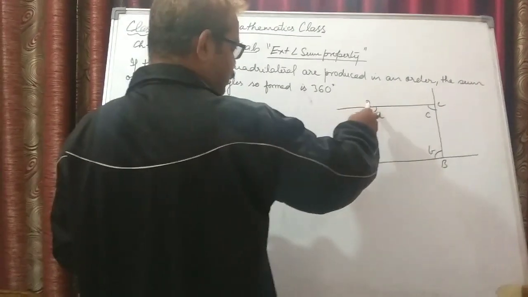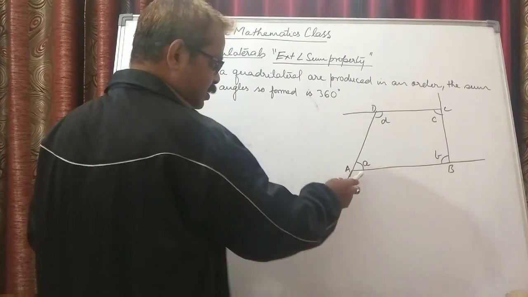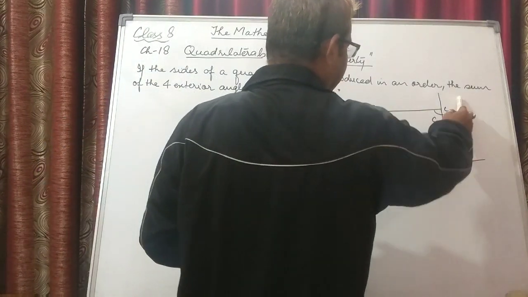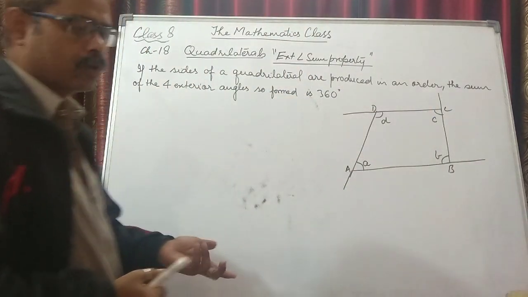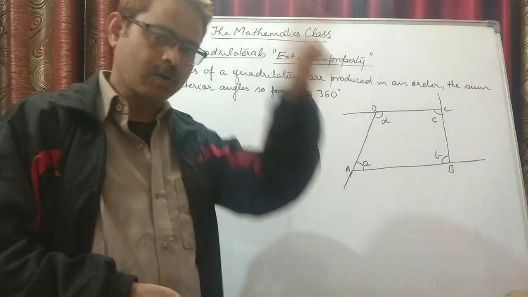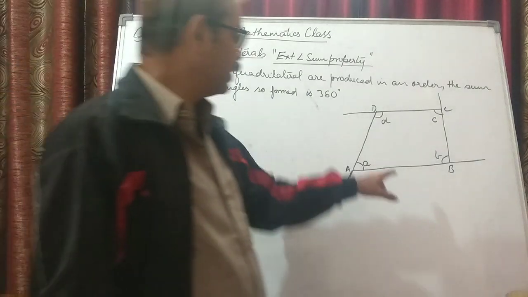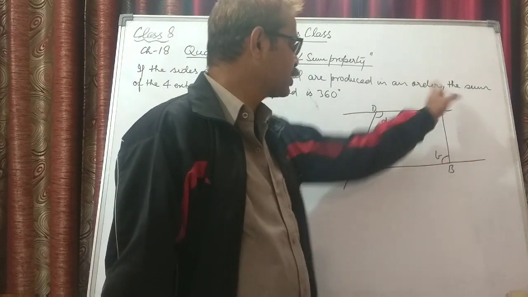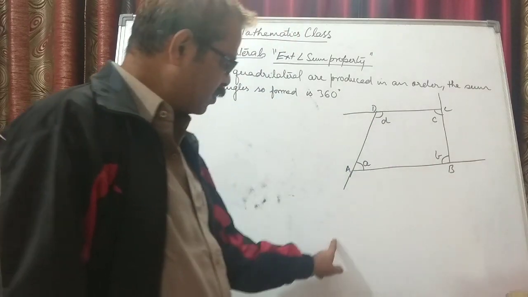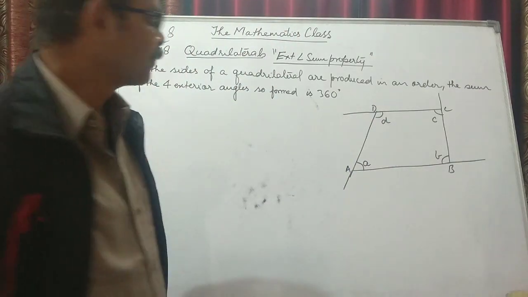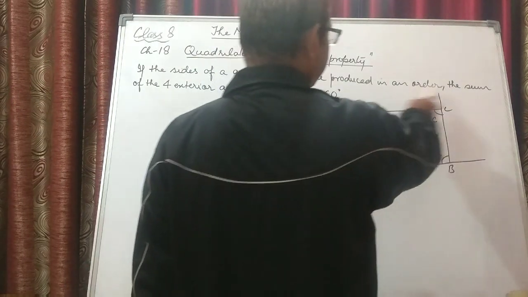In an order means, if this is produced like this, then this has to be produced like this. It is in an anti-clockwise direction. You can follow any order, anti-clockwise or clockwise. I am following the anti-clockwise direction: this way, then again this way, then again this way, and then again this way. Means my extension is in reverse of the clock.